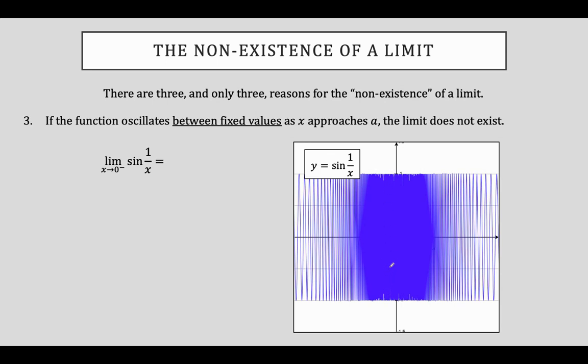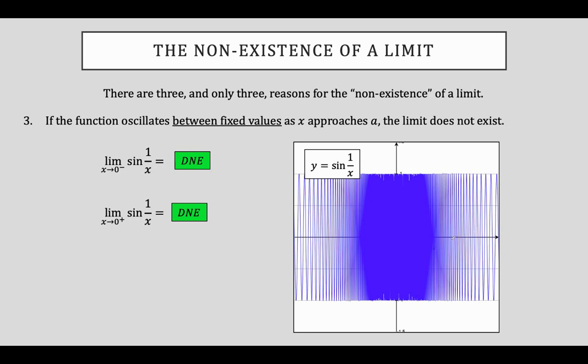And because we do not approach a single unique number, we say the limit as x approaches 0 from the left of sine of 1 over x does not exist. Similarly, the limit as x approaches 0 from the right of sine of 1 over x also does not exist.